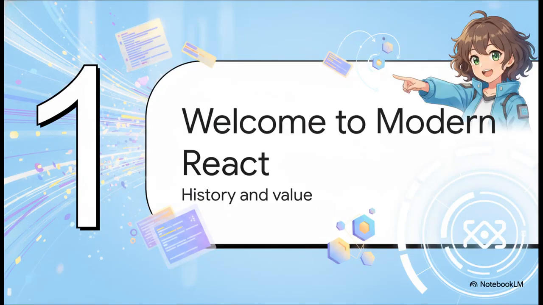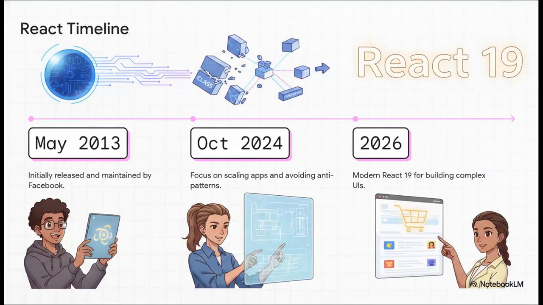Welcome to Modern React. And really, the history and value of the library. Let's trace the story of how we actually got here. React was initially released and maintained by Facebook way back in May 2013. Fast forward a bit to 2021, and we saw this massive industry-wide shift away from those bulky legacy class components toward the streamlined functional components that absolutely dominate modern codebases today.